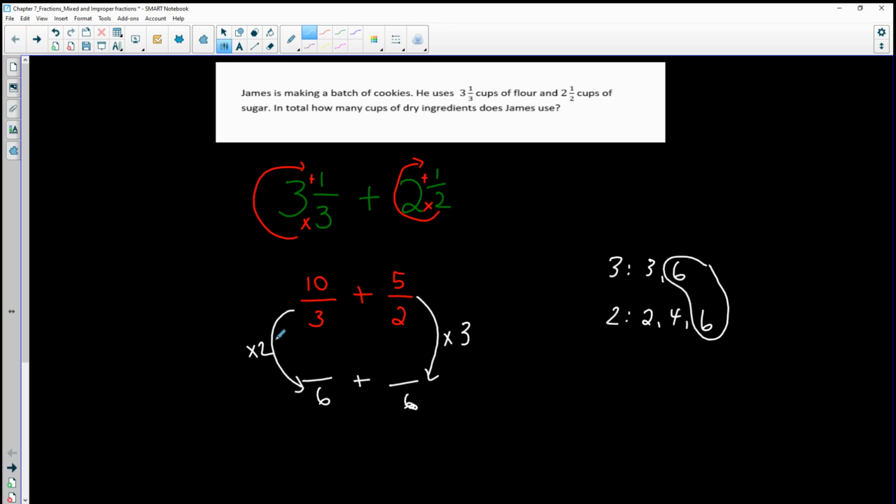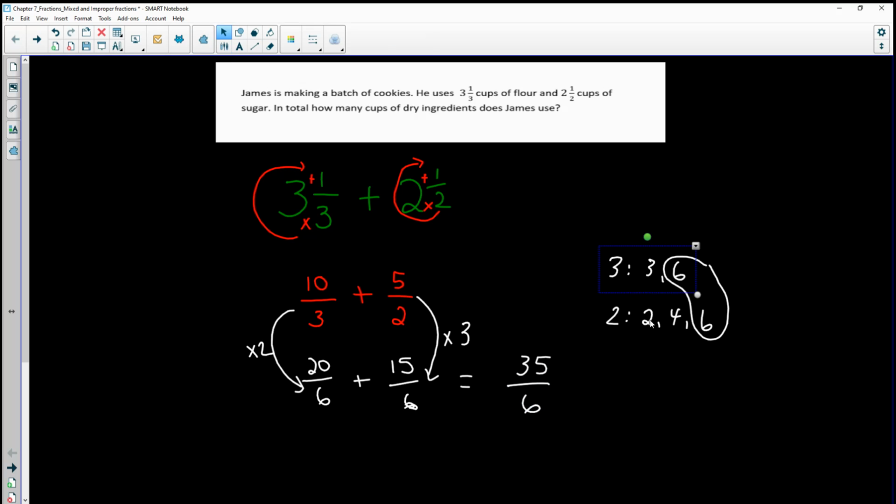So that becomes 10 multiplied by 2, which would become 20. And 5 multiplied by 3 becomes 15. Now, because my fractions have the same denominator, I can add those across, which would become 35 over 6.